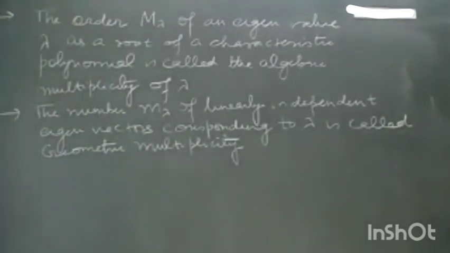Okay, it's called the geometric multiplicity of lambda.